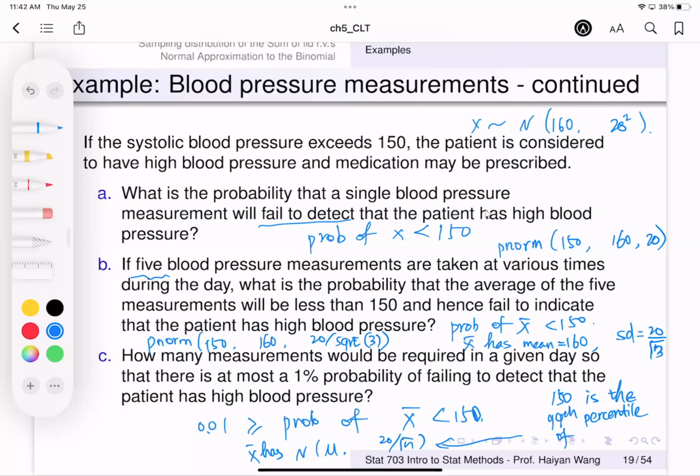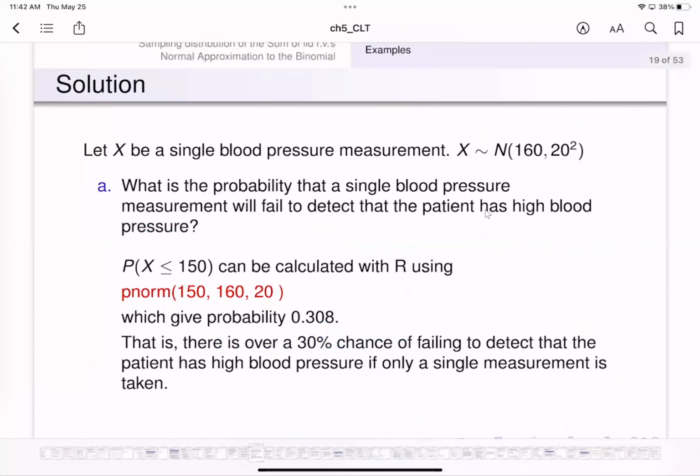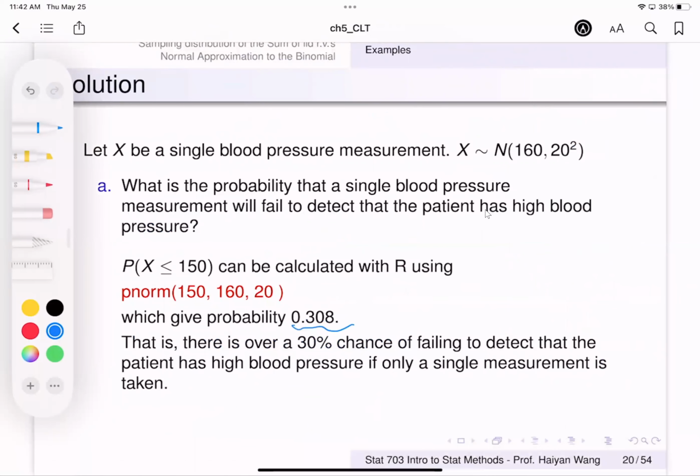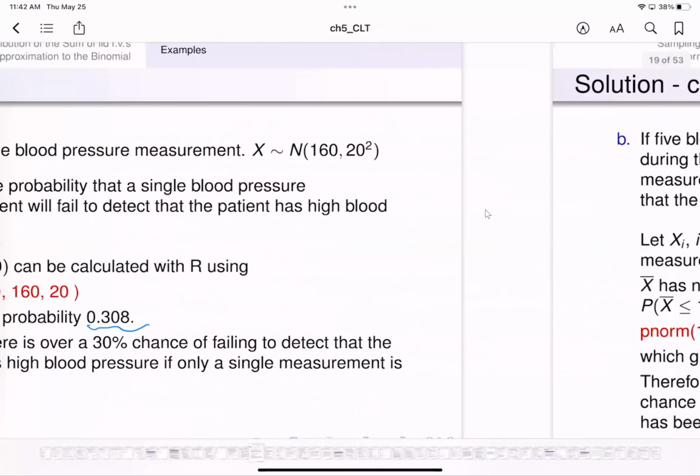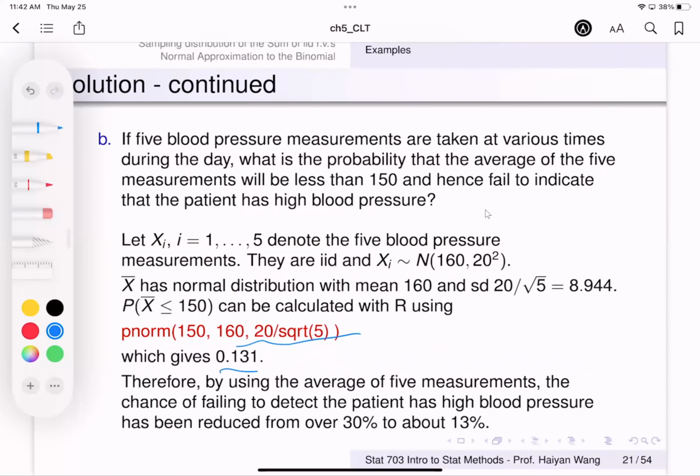So if 150 is that 99th percentile, then we can use the percentile to help us compute the sample size. So, the first answer, using one measurement, is about 0.3, and the answer for the second question is about 0.13.